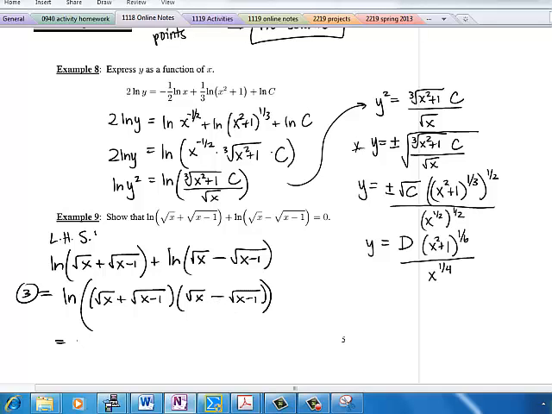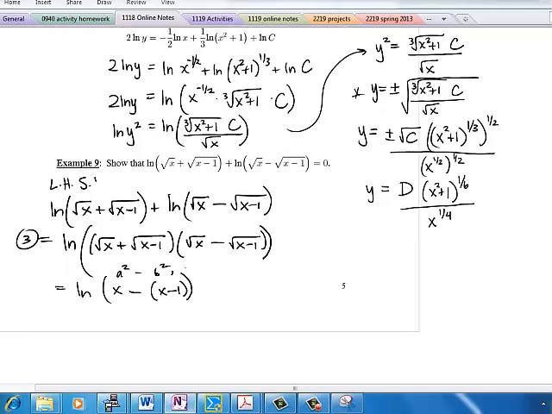So we would have the natural log of a squared, which would just be x, and then minus b squared, which would be x minus 1. Where in this case a is the square root of x and b is square root of x minus 1. So we're just using that pattern.